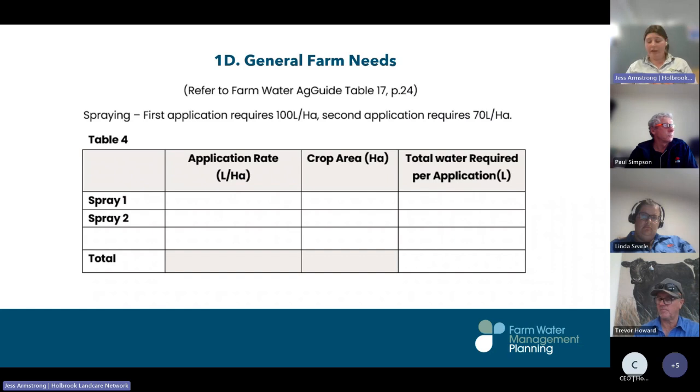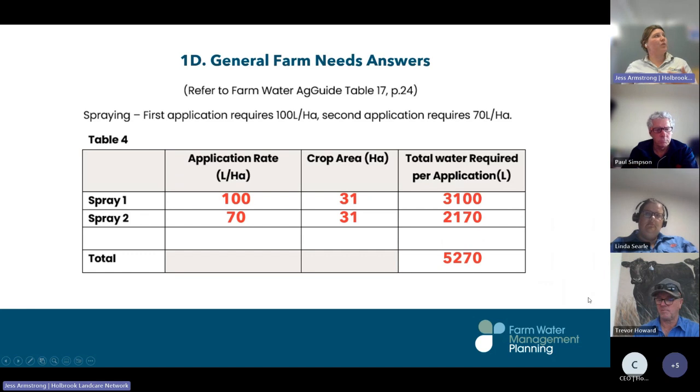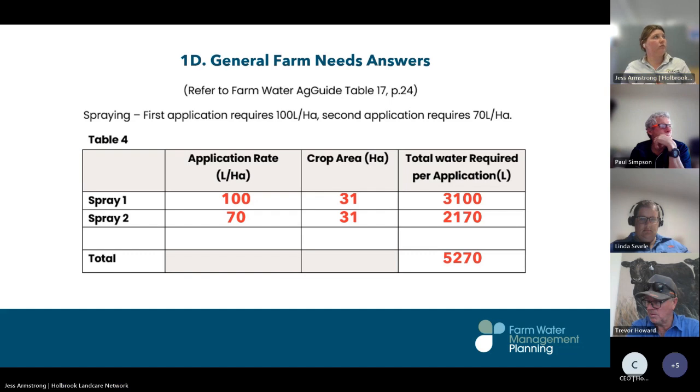So for spray 1, we are going to times 31 hectares by 100 litres. So for our first spray application, we're going to require approximately 3,100 litres of water. For our second application, it is going to require 70 litres of water per hectare.